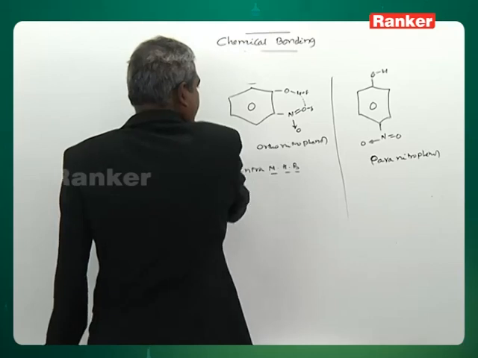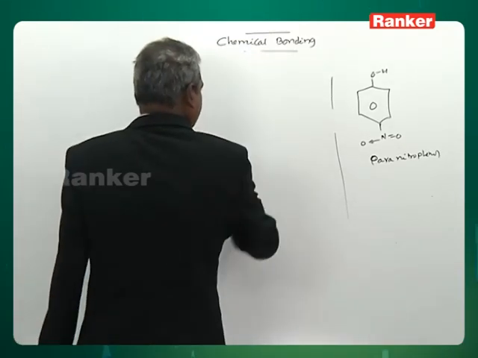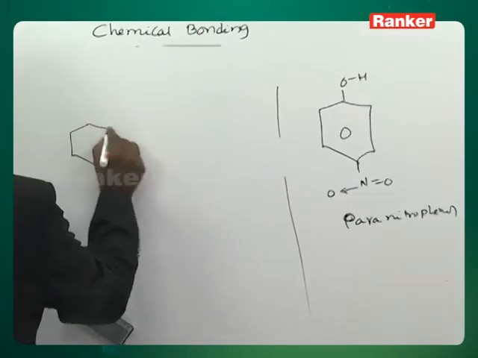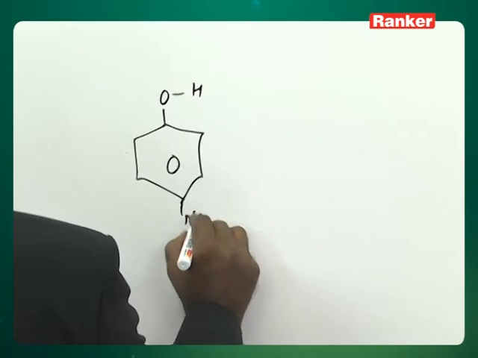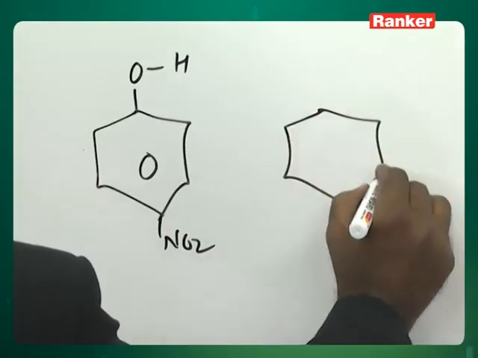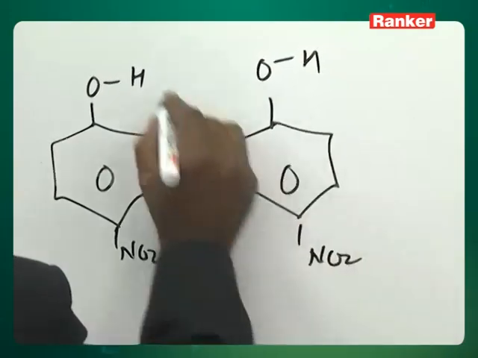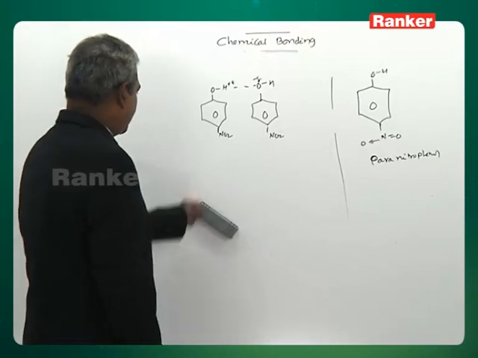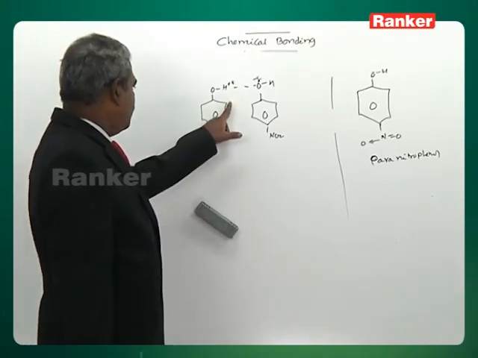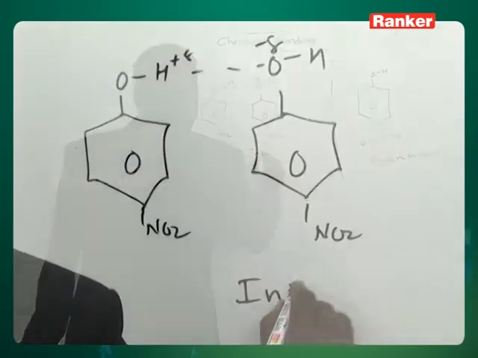bring about much change. But in the case of paranitrophenol, the intermolecular hydrogen bonding is possible, NO2. You take another molecule of OH. Since this hydrogen is free, plus delta, minus delta, look here. Earlier NO2 was here, therefore it was intra, this is an intermolecular hydrogen bond.